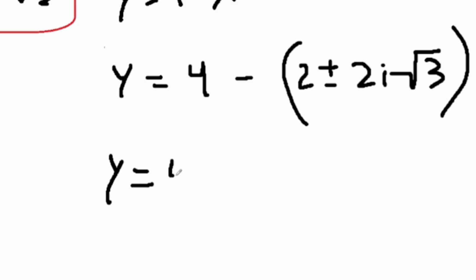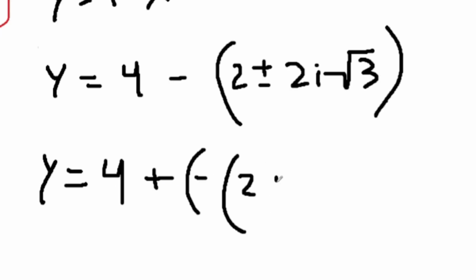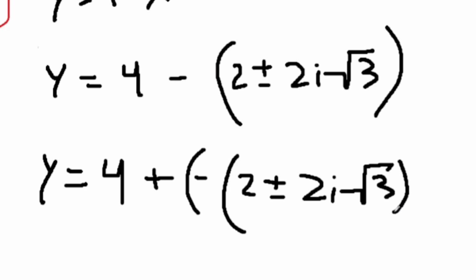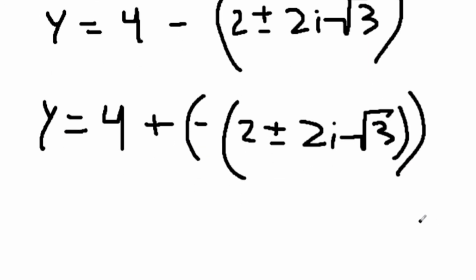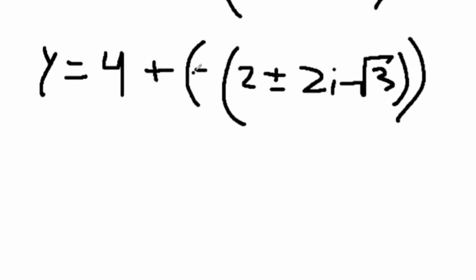So y is equal to 4 plus negative, parenthesis, 2 plus or minus 2i root 3, parenthesis. Okay, so now let's substitute this in. So negative 2 is just negative 2. The negative of plus or minus actually becomes, funnily enough, minus plus.